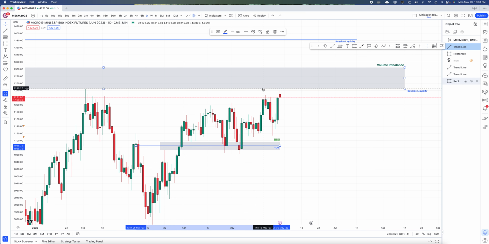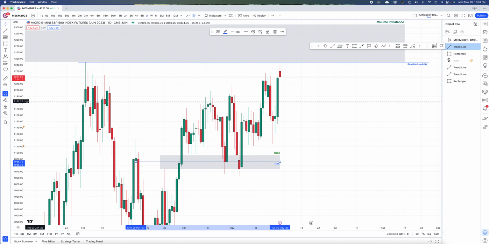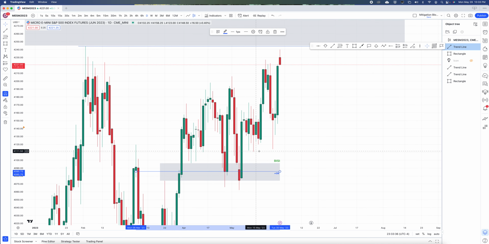So all these PD arrays have been brought down into the daily chart now. So when I say equal lows, that means these right here, just all of this down here. It just looked like something that could be right.